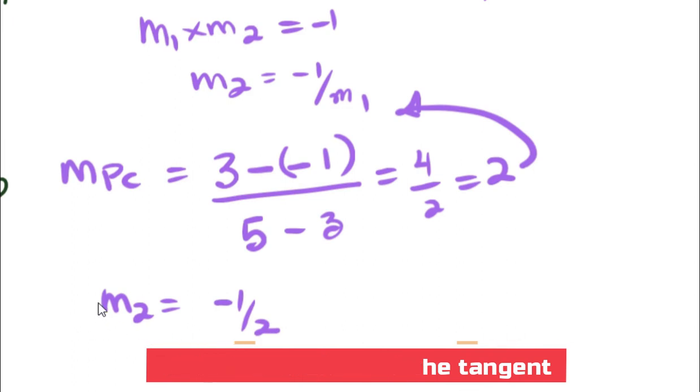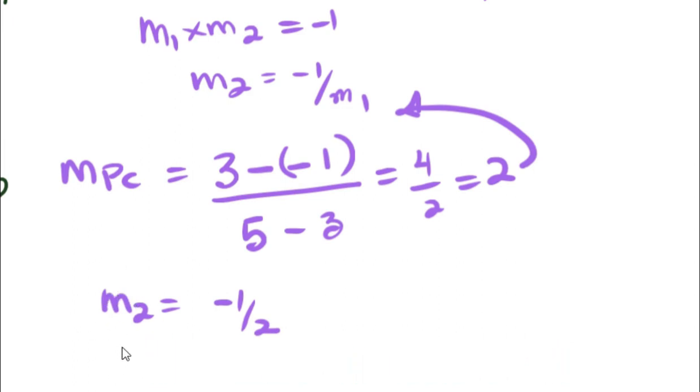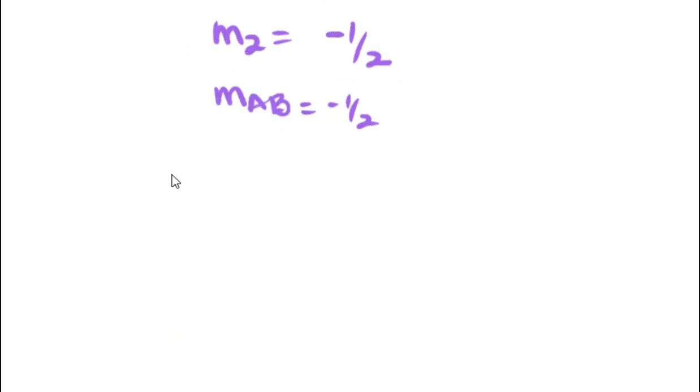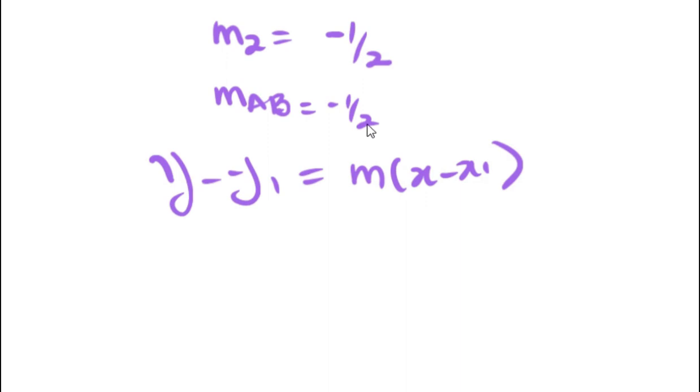That would be the gradient of our tangent. In this case, remember, m2 is our AB, right? So having the gradient of AB, we can substitute this into this formula, which will help us find our equation of our tangent. Now, the gradient here is negative 1 over 2.